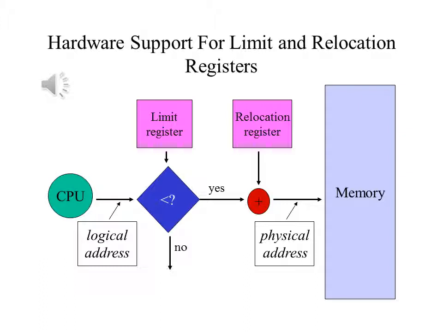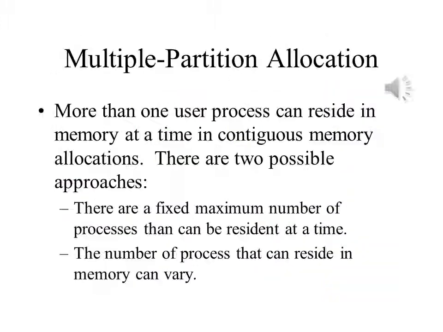The relocation register does not have to be a special register. It can be a regular register that is used for this purpose as well, or it can be one of several general purpose registers, and the instruction can indicate which register it is. The last method was used by the IBM 360 and 370 families of mainframes.